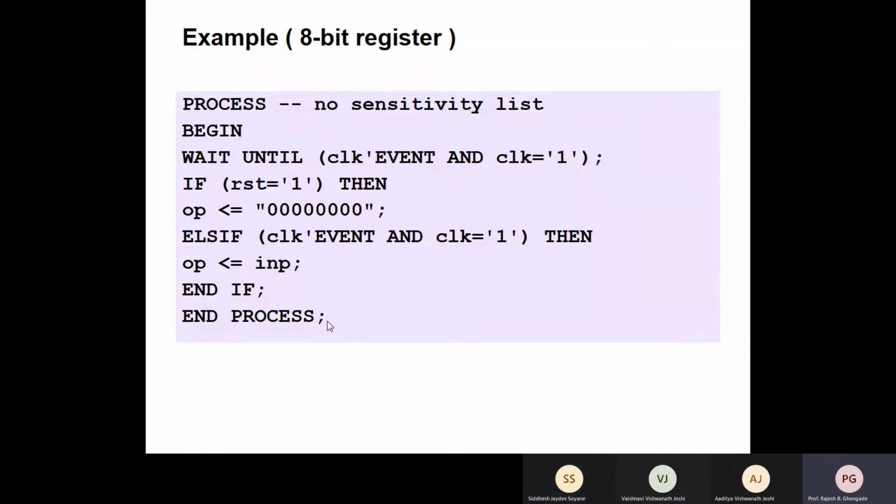Clock'event and clock equal to 1. What do you mean by that? I mean, what sort of hardware can you visualize? Come on, tell me. Come on, please. No answer? No answer? FF, a DFF.